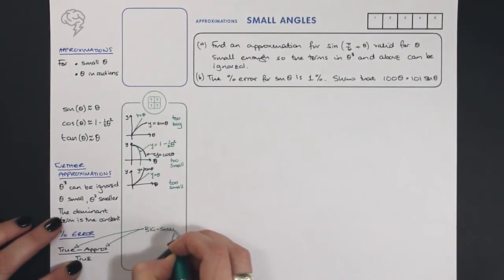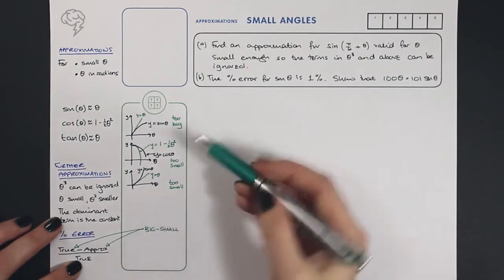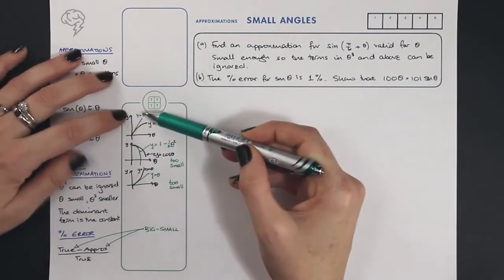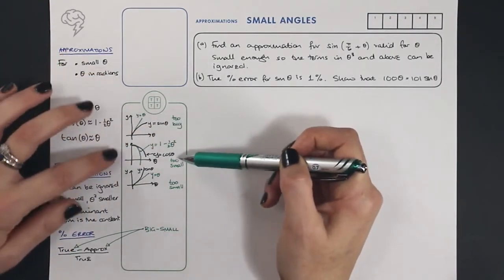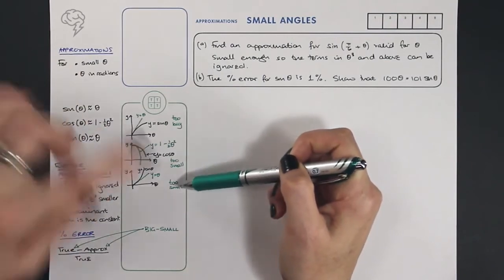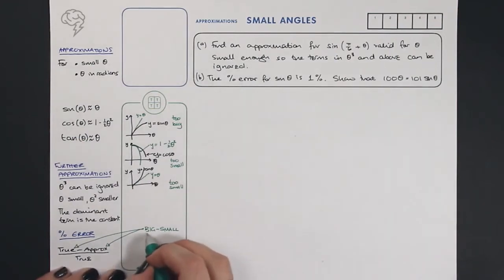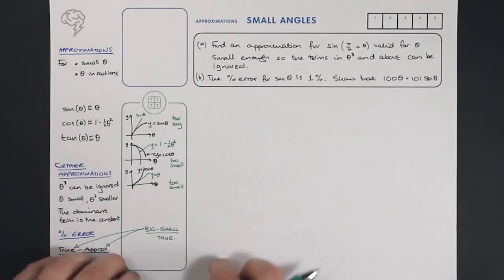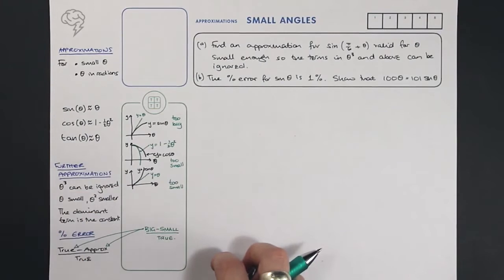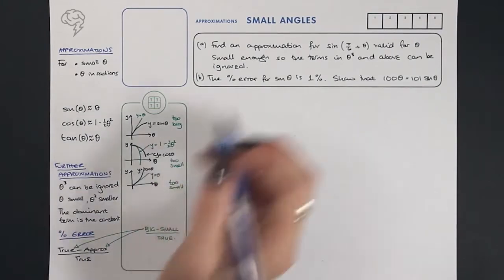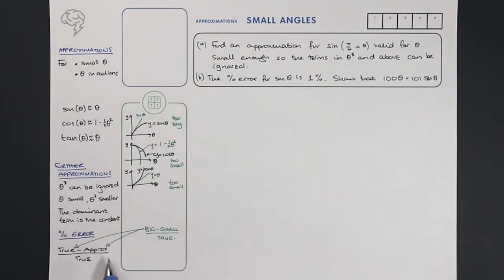And you know which one's big and which one's small, because for sine, your approximation is the big one. Whereas for cos and for tan, your true value is the big one and your approximation is a bit too small. So that will mean that you get a positive value for your percentage error. And the bigger your x or the bigger your theta, the worse your error is going to be.